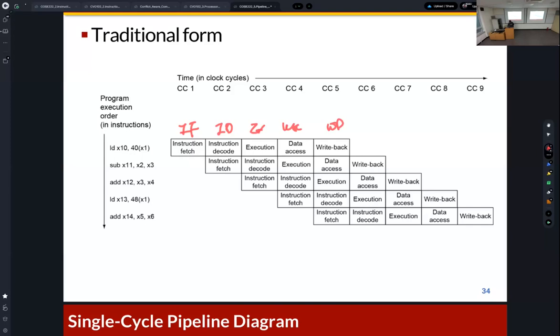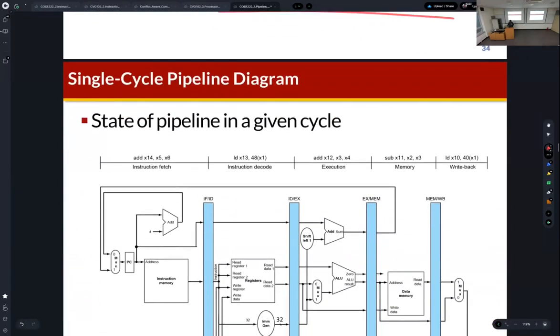In clock cycle number 2, sub is in the instruction fetch, then ID, then execution, like this. So you need to understand when a certain instruction is in which stage of the pipeline architecture. You need to understand the exact timing of instructions in the pipeline architecture.